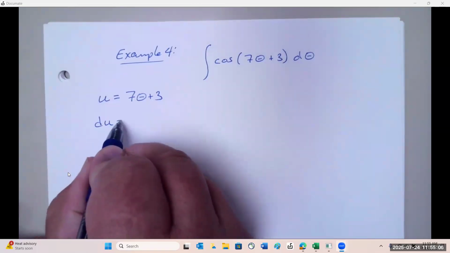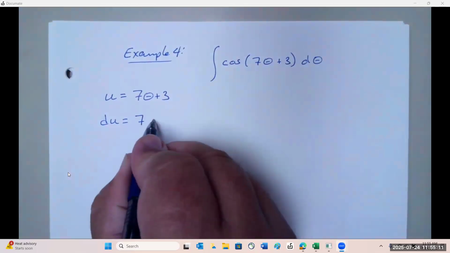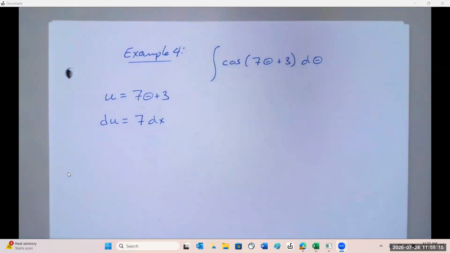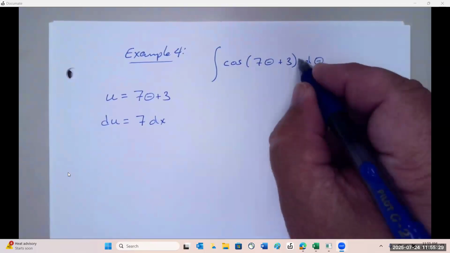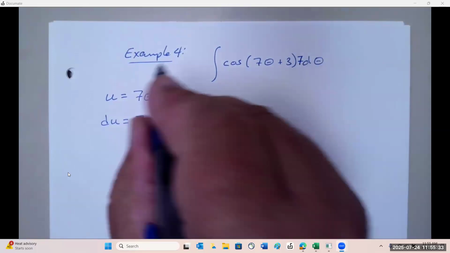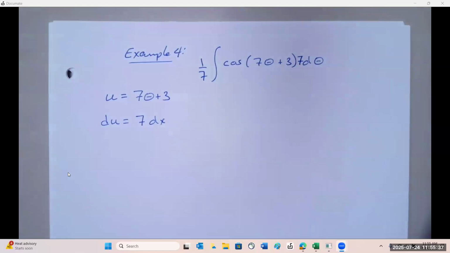What's our du? 7 d theta. So what's missing? The 7. So we can put a 7 there. If we put a 7 inside there, what do we have to put outside? 1 over 7.